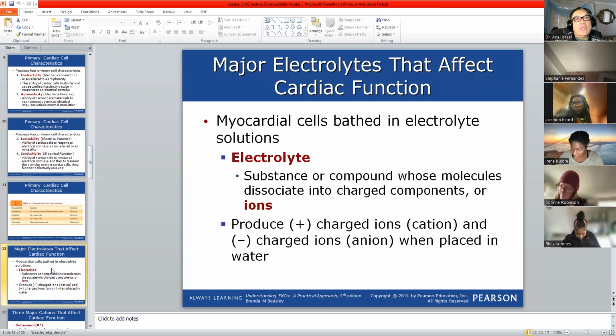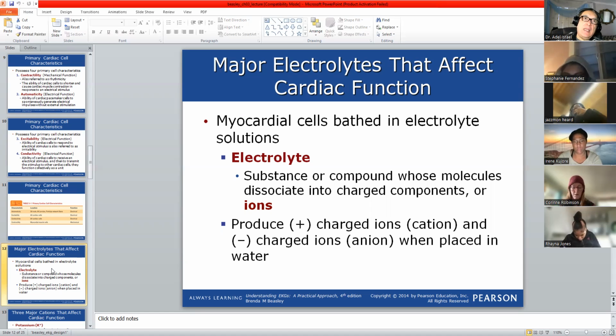When we look at the physical and chemical nature of our cells, it is easy, and this is also another exam question: which one is a cation and which one is an anion. We have cations and anions.